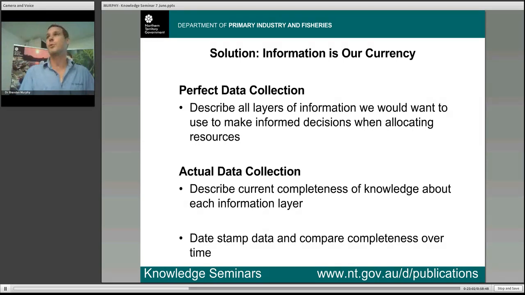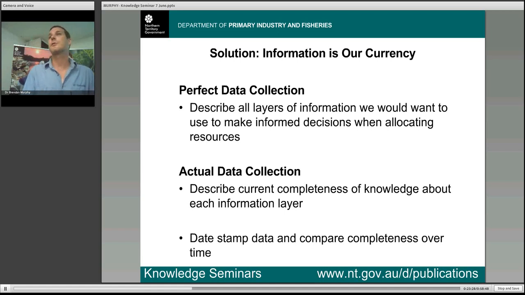All vehicles were imported, and the vast majority were second-hand cars coming from Japan and Asia, which are very, very high risk areas for gypsy moth. So in that case, we had two discrete layers we wanted to map out for gypsy moth: sea containers and vehicle sites. So what we want to be able to do is describe, at a given point in time, the completeness of our knowledge about each information layer.